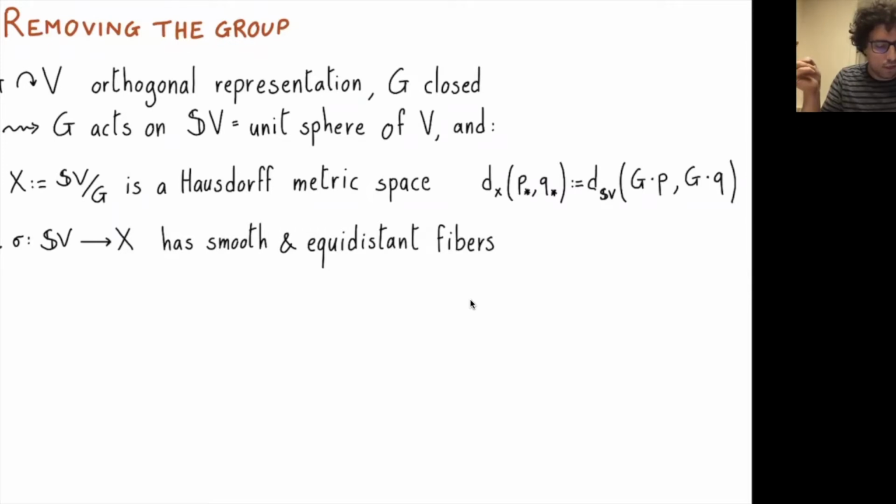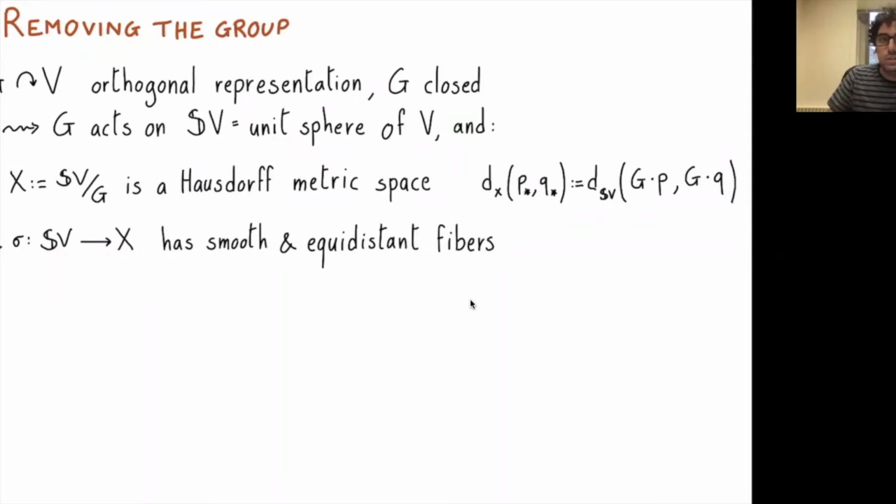First of all, the moment G is a closed group of isometries, the quotient space inherits the structure of a Hausdorff metric space, where we define the distance between two points in the orbit space to be the distance between the actual orbits in the sphere. And we can define a map that takes a point to its own orbit.